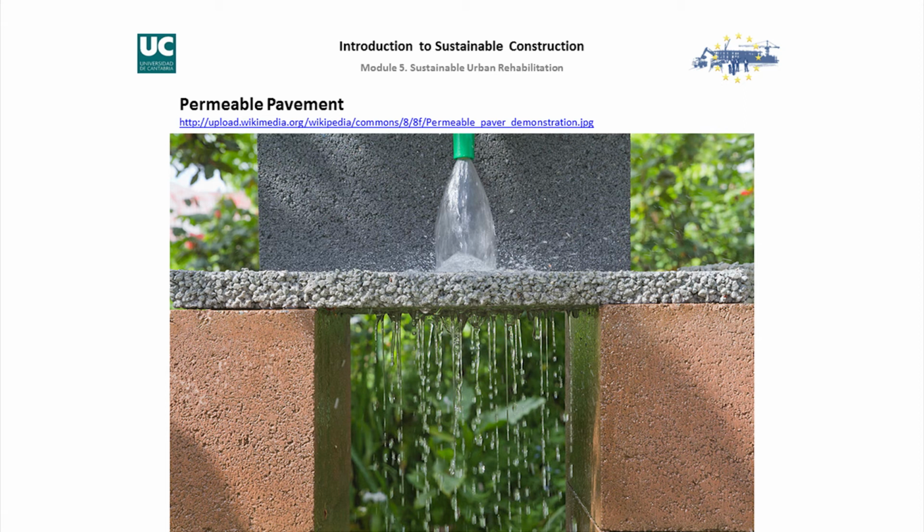They can be asphalt or concrete, but permeable, porous asphalt, porous concrete, in order to make it possible to pass through the material all the water. And with this, we have the option to decide about the destiny of the rainwater.